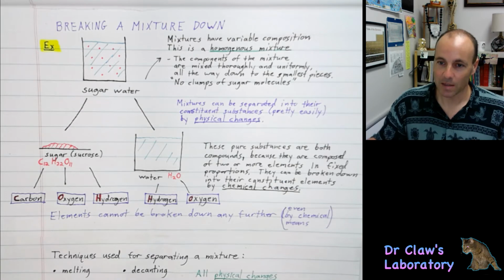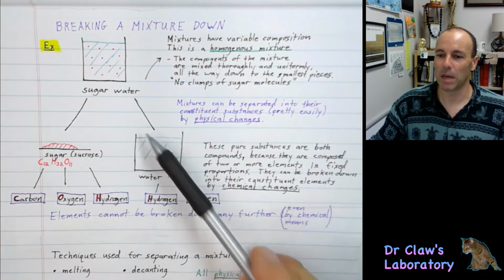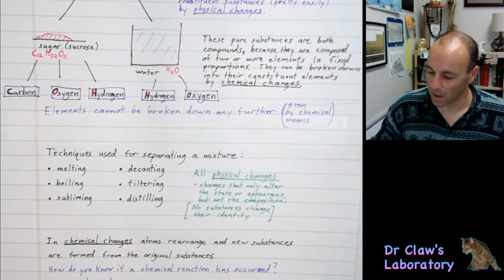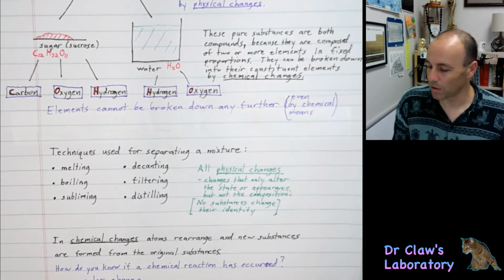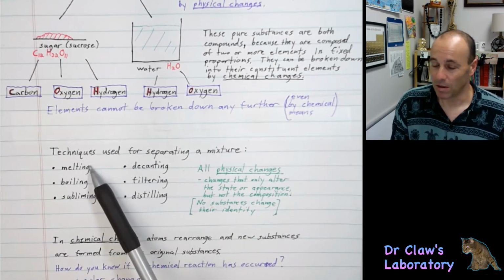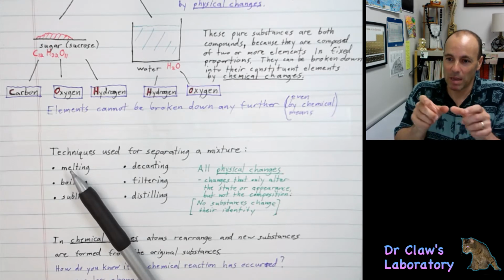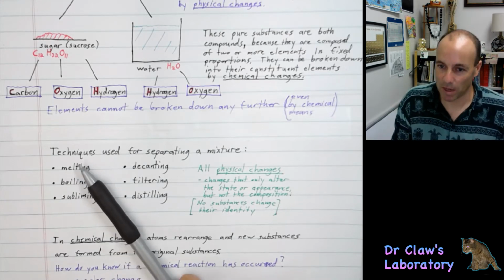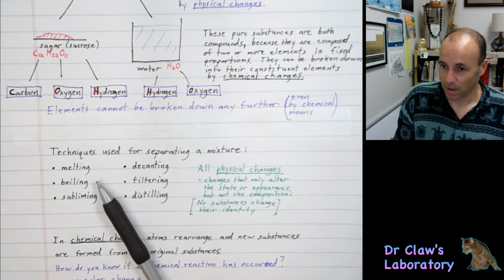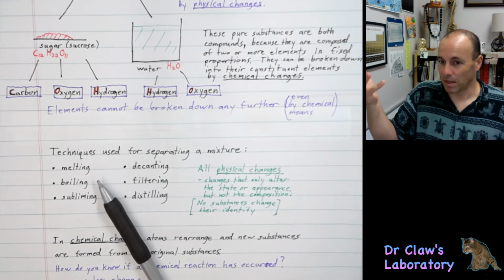Now how would you divide up a mixture? Techniques for separating a mixture can be, well, you can melt something, you can heat it up until the solid converts to a liquid, and maybe that would help the components separate. Maybe you could boil something off and separate it that way.